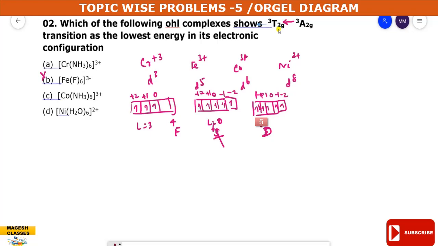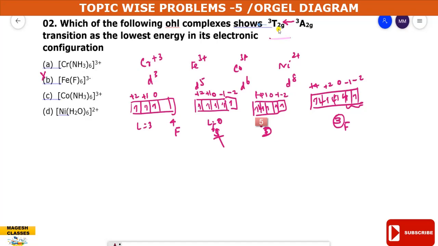In case of nickel, you have 2 unpaired electrons, so spin multiplicity is 3, and the values are +3, +2, +1, 0, -1, -2, -3. You get L equal to 3, so it is an F term, and the spin multiplicity is 3.